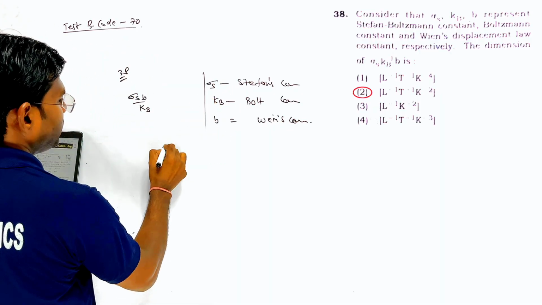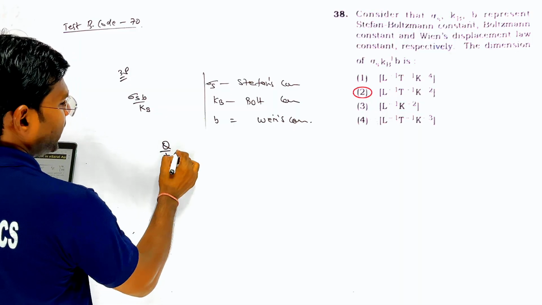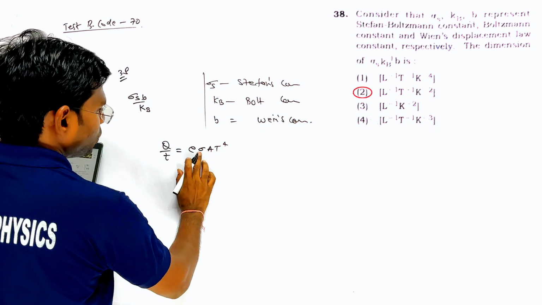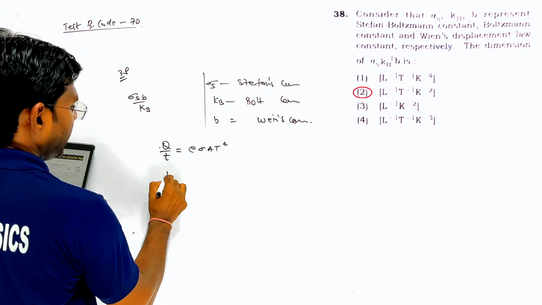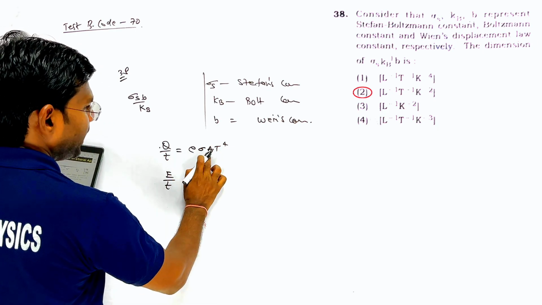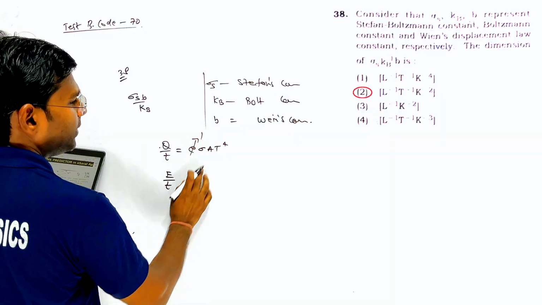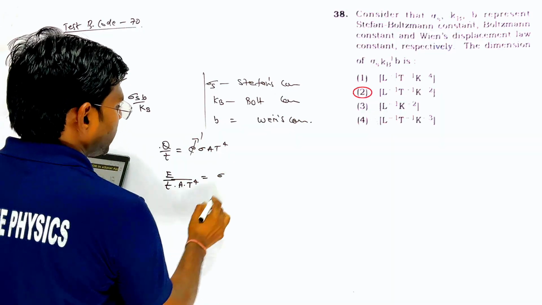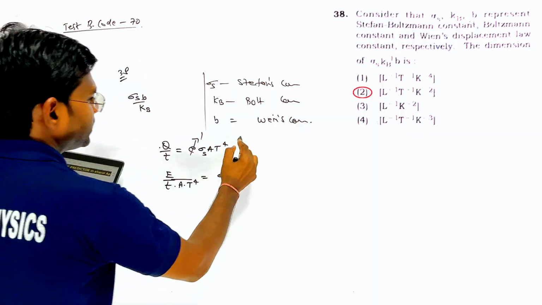Stefan constant: the energy radiation per unit time is sigma A T to the power 4. So from here, this is the energy per unit time area. Its dimension is 1 upon A into T to the power 4. This is sigma s, the Stefan constant. This is the first thing.